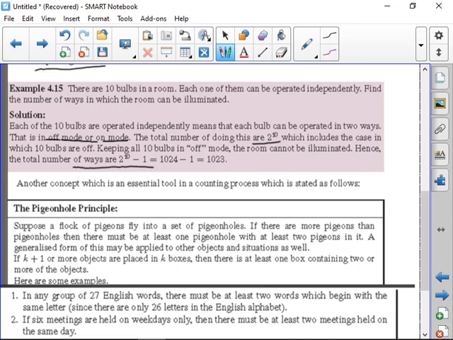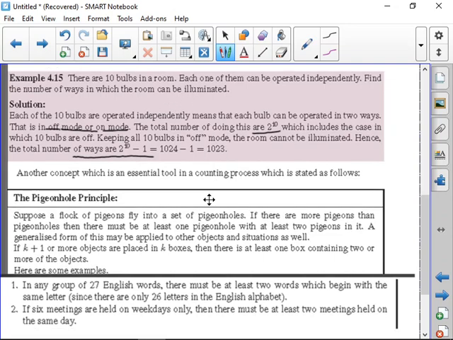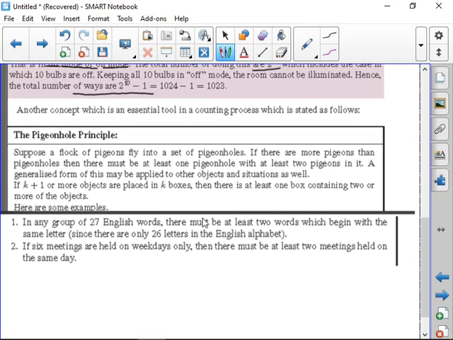When even one bulb is in on mode, the room is illuminated. So 2 power 10 is 1024, minus 1 gives you 1023.